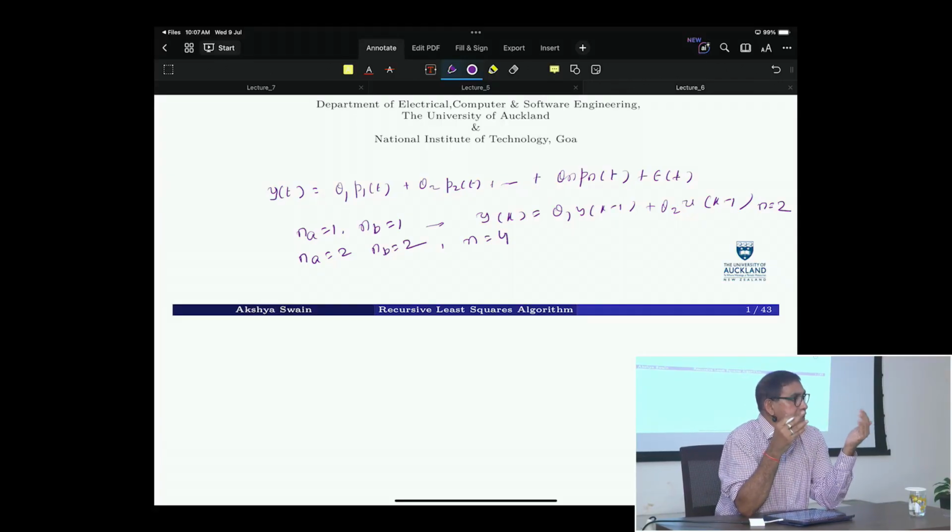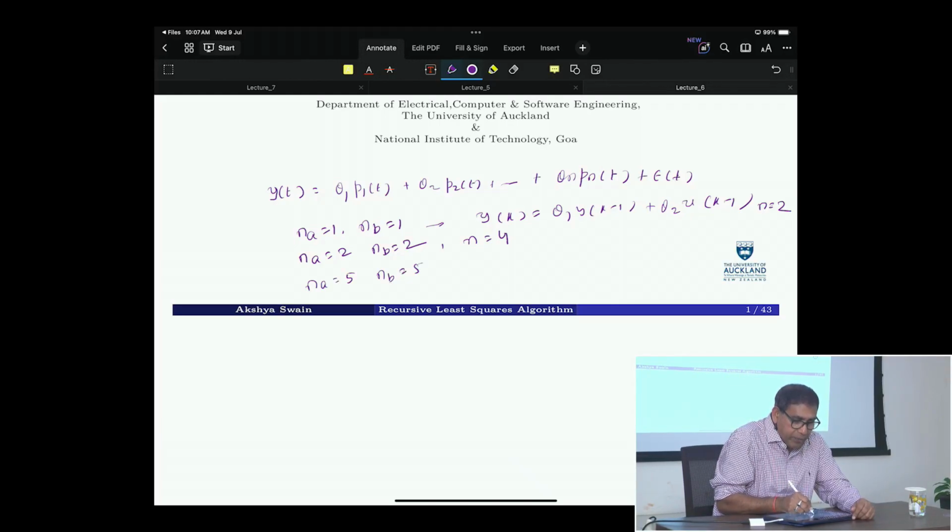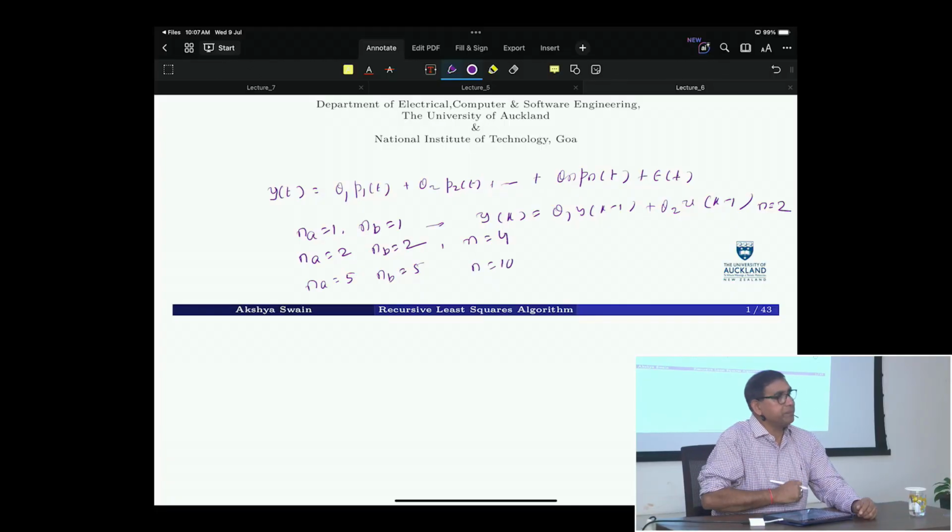You go on increasing, right? Go on increasing. Now suppose you make it NA equal to 5, NB equal to 5. So how many parameters in total? 10 parameters. Then you can go on doing it, and you find at what point it is doing perfectly, then that is okay.